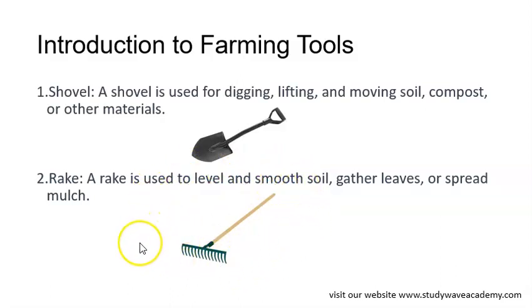Let's say you clear grass and you finish clearing, you want to make the place look beautiful and gather up the grass you've cleared. You use the rake to rake them. So the rake is used to level the soil, gather leaves like the grasses you have cut, or spread mulch. Did we get that?